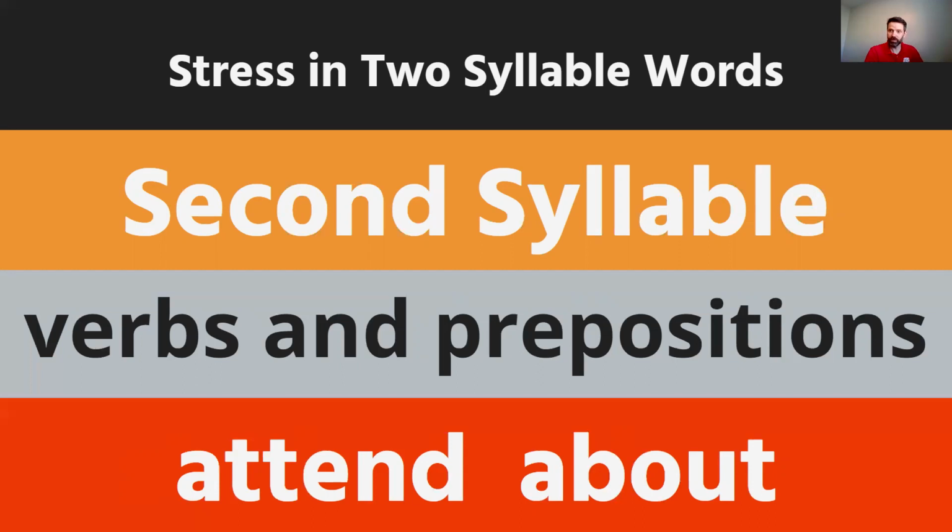So the second syllable is receiving the stress, and it's getting that ow vowel, which is a diphthong that moves in the mouth, ow. And the first syllable changes from a long a to the schwa, about. So that's a pattern you can teach your students, that when it's a 2-syllable word, the stress tends to be on the first syllable if it is a noun or an adjective. It tends to be on the second syllable if it is a verb or a preposition.